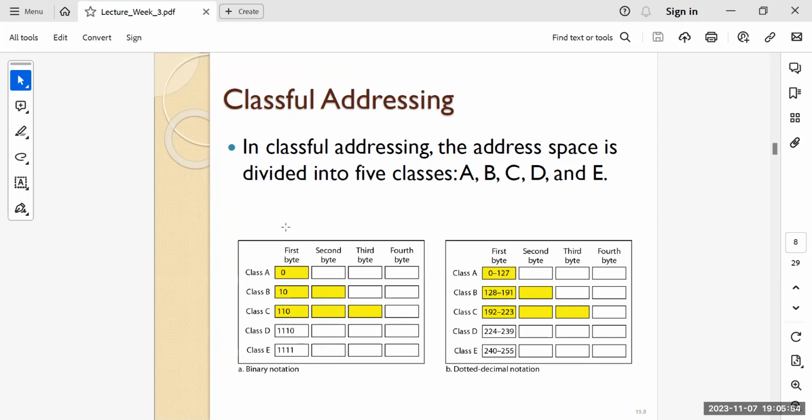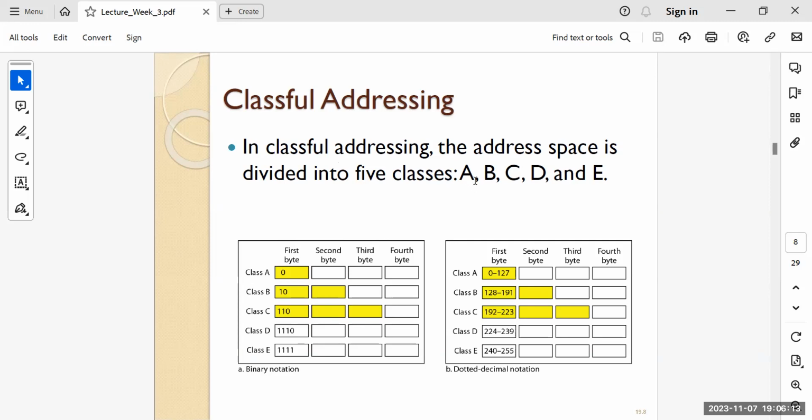The complete package of classful addressing will be clear to you once you go through the next slides as well, right? The thing to take from this slide is that there is an addressing scheme known as the classful addressing scheme.